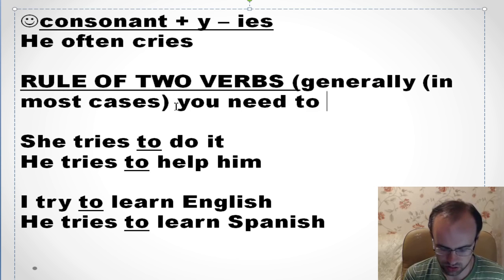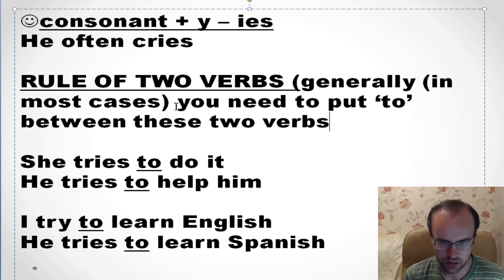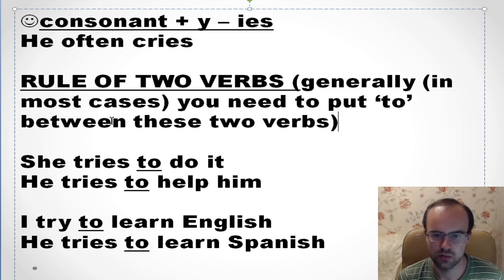You need to put to between these two verbs. Try and do, for example. She tries to do it. He tries to help him.